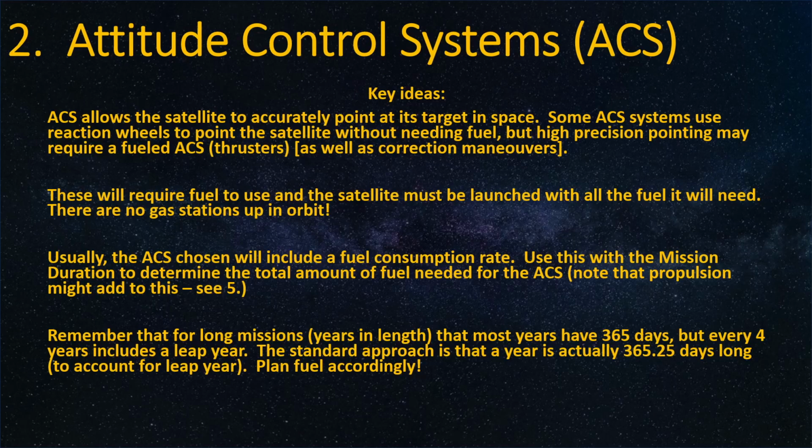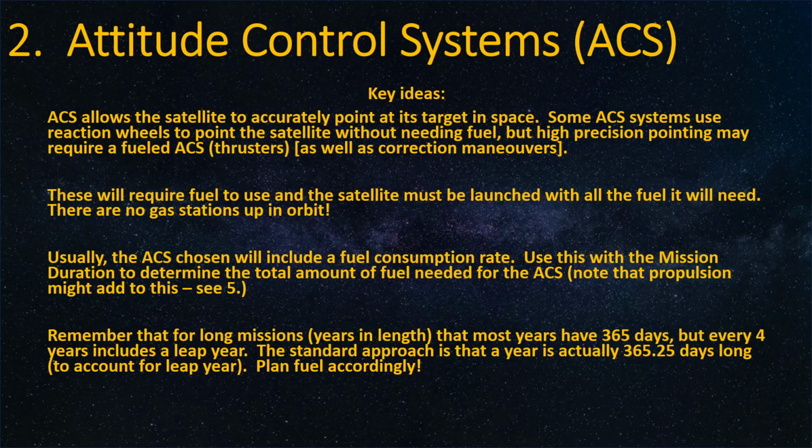Now, one of the most common problems that we see on this is keeping track of, for long-term missions that might take several years, most people will immediately say that there are 365 days in a year. That's not actually quite right. Every 4 years, you have a leap year with 1 extra day.